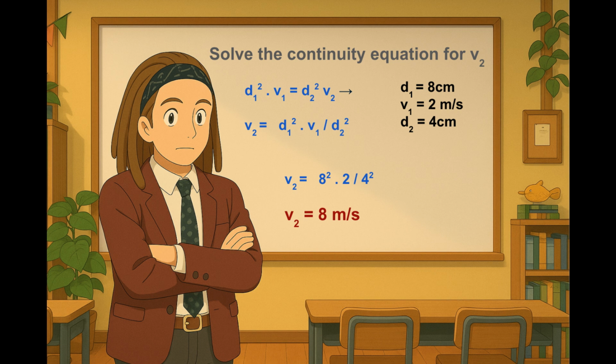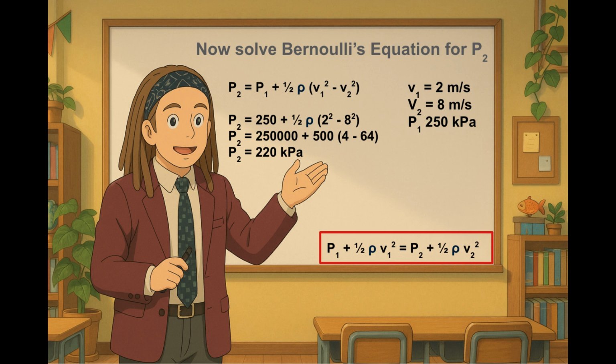Now that we have V2, we can use the simplified Bernoulli's principle to solve for P2. P2 equals P1 plus 1/2 ρ times V1 squared minus V2 squared. Substitute the numerical values, remembering to convert P1 from kilopascals to pascals. P1 equals 250 kilopascals equals 250 times 1,000 pascals.